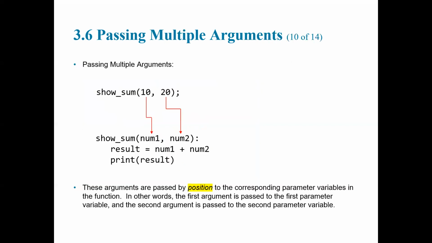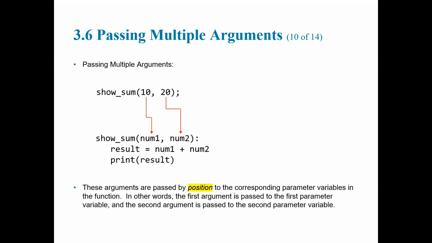What if you have multiple arguments? Well, in that case, you've got to be really careful. Or rather, what if you have multiple parameter variables? In your definition, if you have multiple parameter variables, you must pass it multiple arguments. In this particular case, show_sum has 2 parameter variables, num1 and num2.